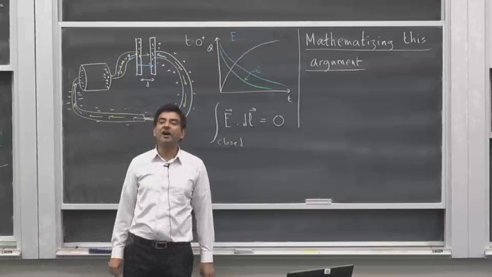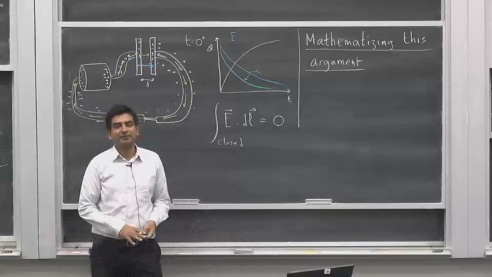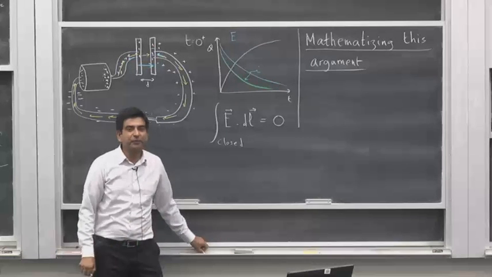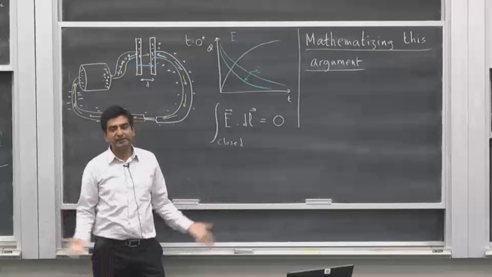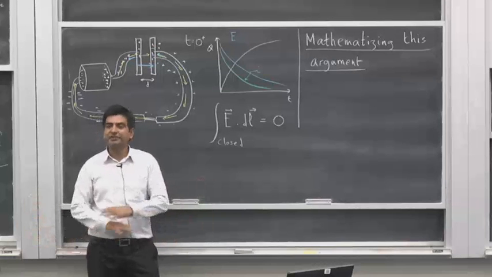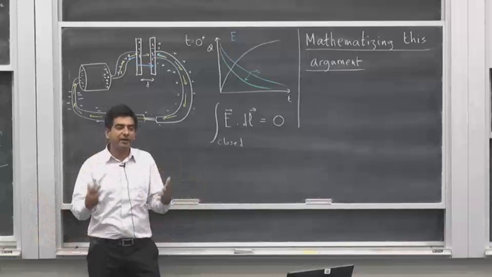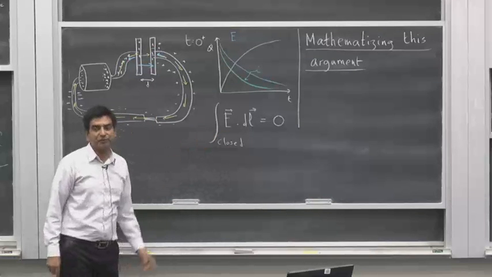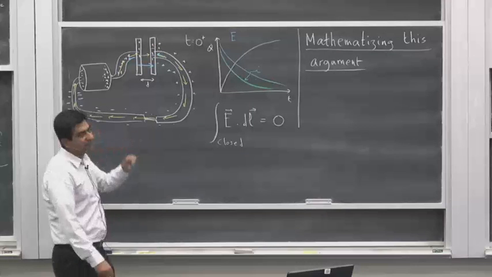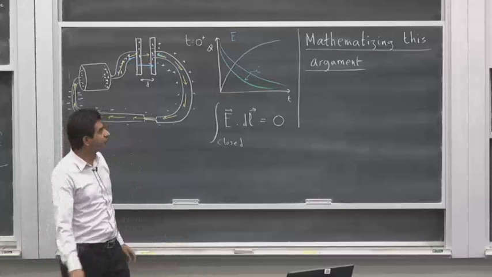Maxwell's equations are universal. They apply to electromagnetic waves, to optics, to electric circuits, DC circuits, AC circuits, whatever you can think of, they are universally applicable. So for this particular case, this holds true, which means that the potential drop across this circuit is zero, which is Kirchhoff's voltage law.